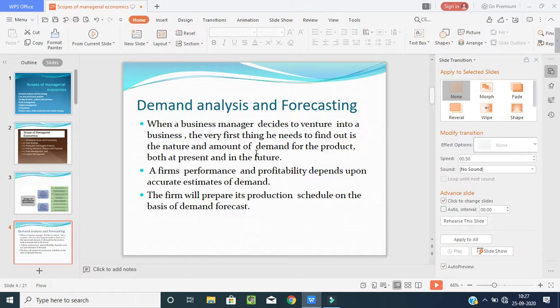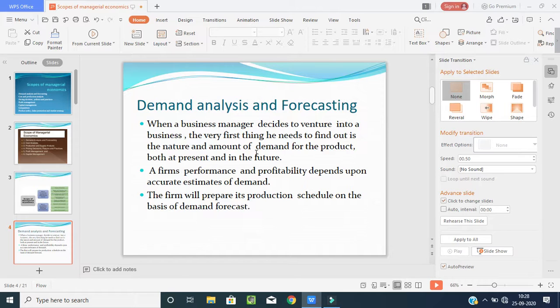For example, if I take any product like fast moving consumer goods or daily products like soap, shampoo, toothpaste, there are Colgate, Pepsodent, Close Up, Pepsodent Gel. Colgate has been there for the past 30 or 35 years and still it is continuing. So their performance is there and the profitability is also there, and they know the estimation of the demand in the market.